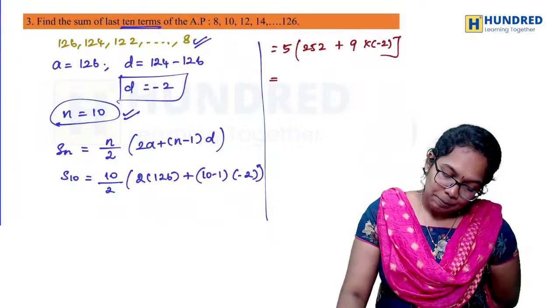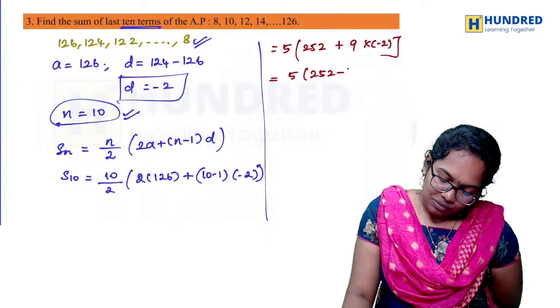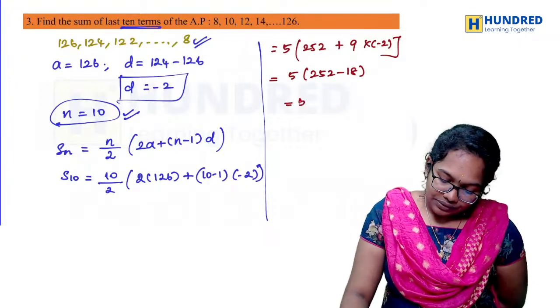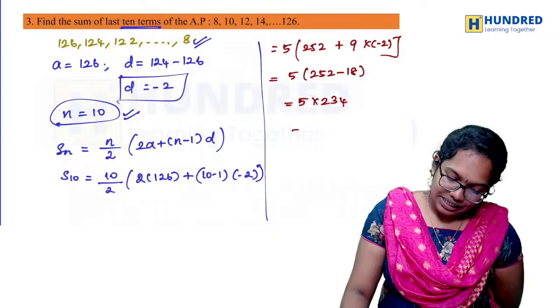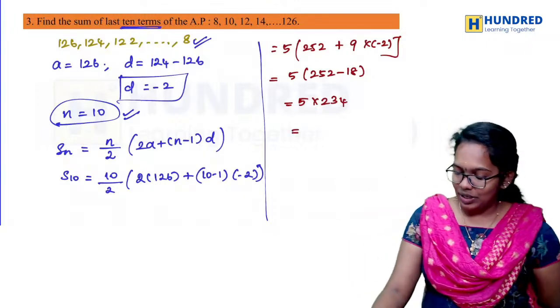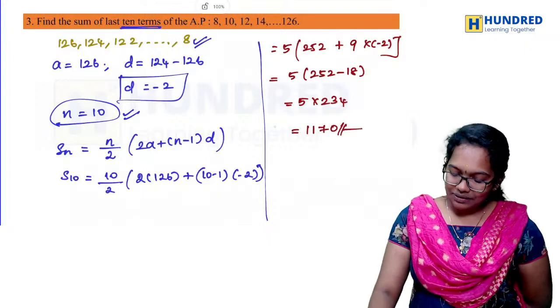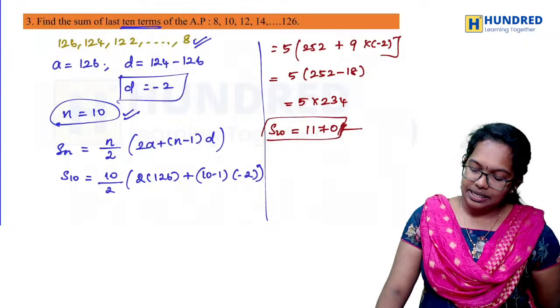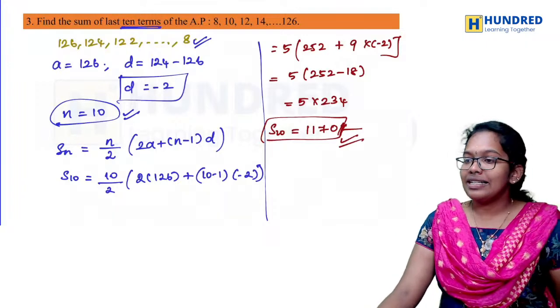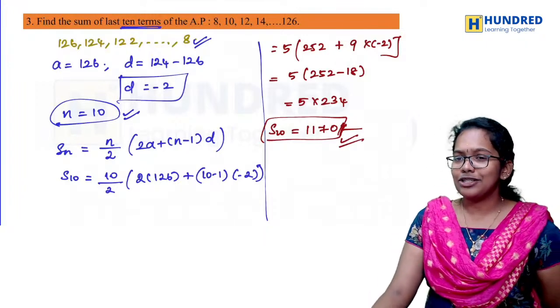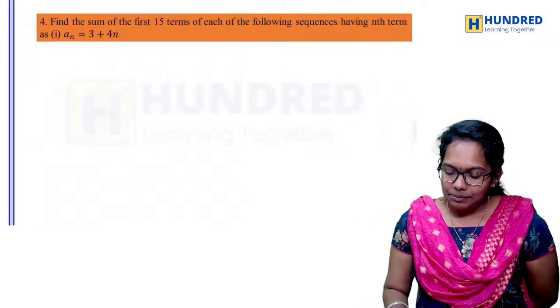So it is going to be 5 into 252 minus 18. So this is 5 into 234, which on multiplying, you will get the value to be 1170. This is what S10 will be. Do you guys understand this? Yes or no? Okay, let me go to the next sum.